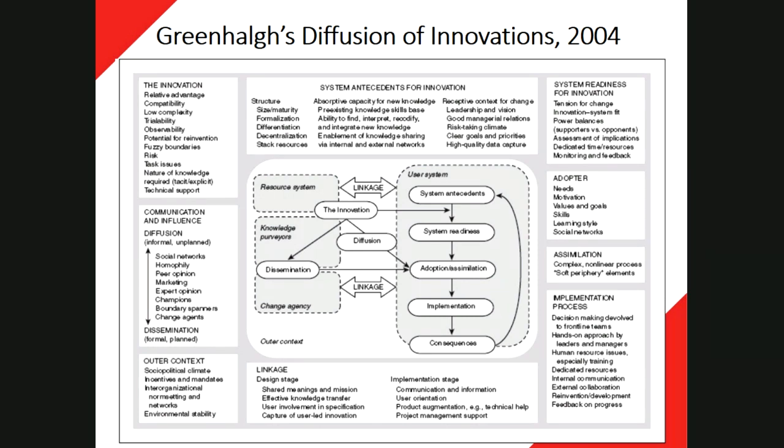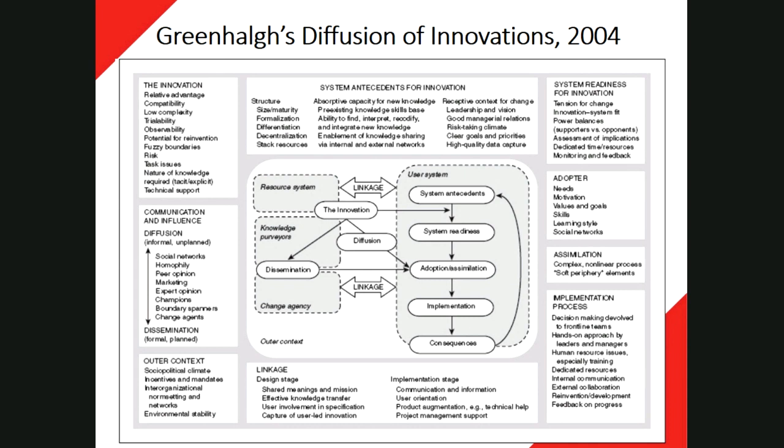Realize here in the center where you see the innovation and diffusion, which is more of an informal process, diffusion is how the innovation is channeled and communicated throughout the organization.